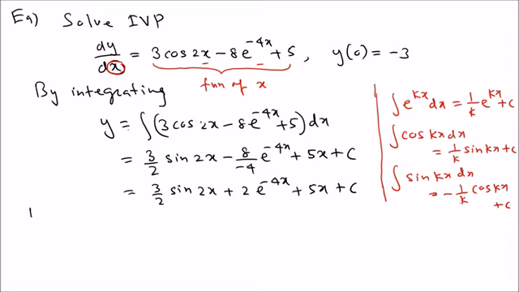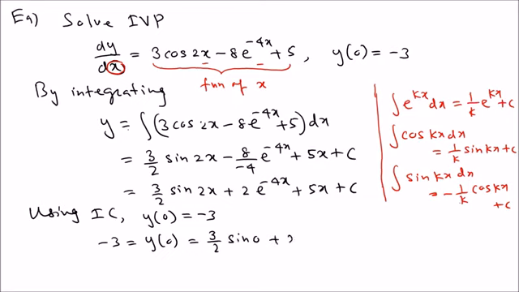Now what we can do is use the initial condition y(0) equal negative 3. That means wherever you see the independent variable, plug in 0. So you get 3 halves sine 0, which is 0, plus 2 e to the 0, which is 1, plus 0 plus c. So this tells you that negative 3 equal 2 plus c.